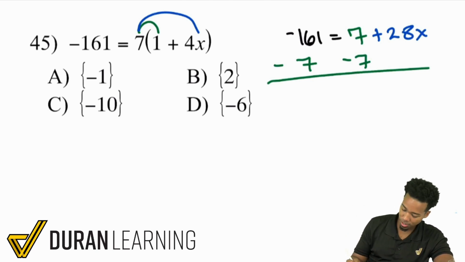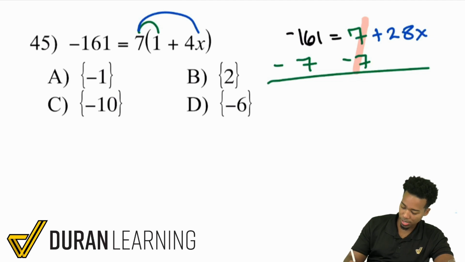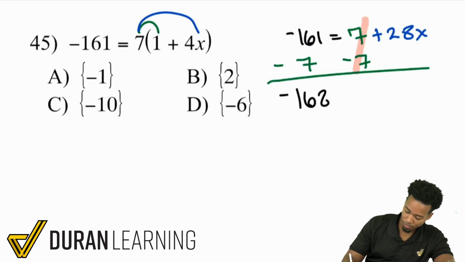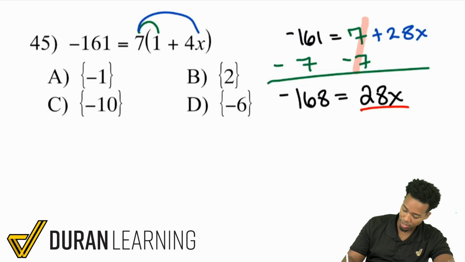So from here, booyah, that cancels. Negative 161 minus 7. So a negative being subtracted, more negative. So that's going to be 168, but it remains negative. And that equals 28x. And so from here, we'll divide both sides by 28 and call it a day.